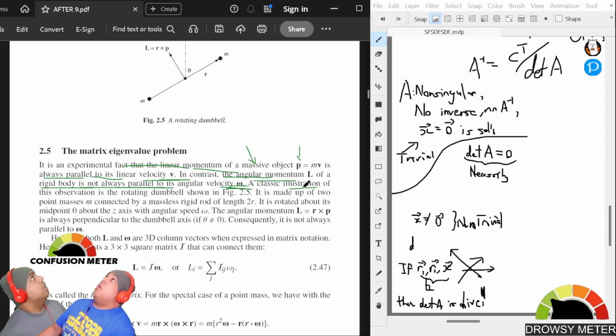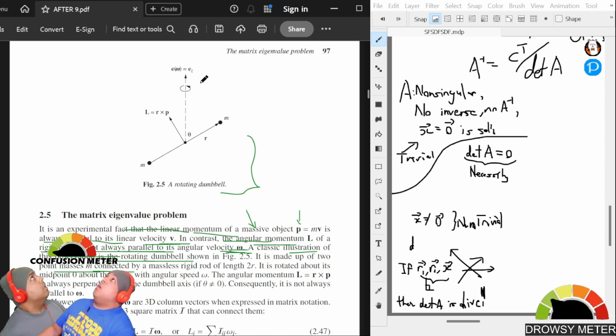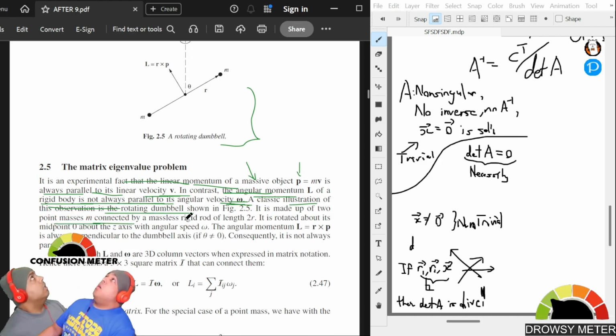A classic illustration of this observation is a rotating dumbbell. It is made up of 2 point masses connected by a massless rod of length 2r, rotated about midpoint O, about the z-axis, with angular speed omega.